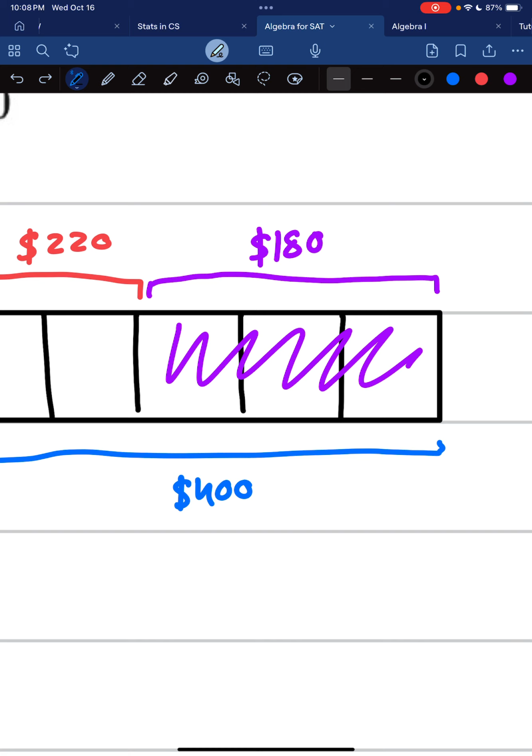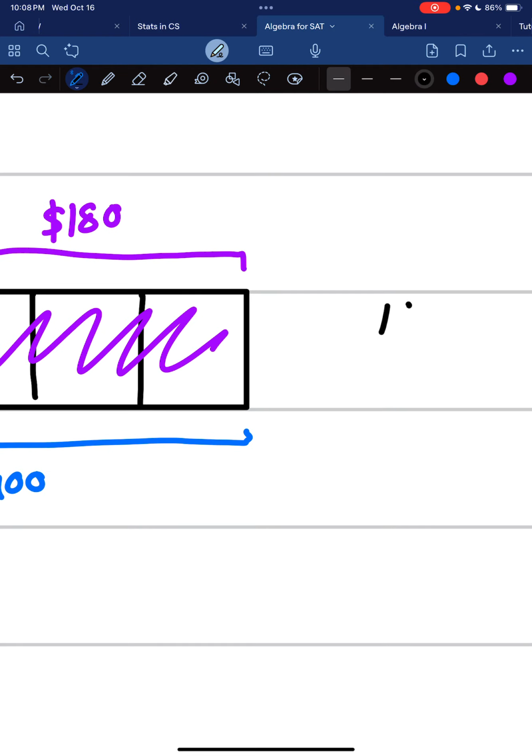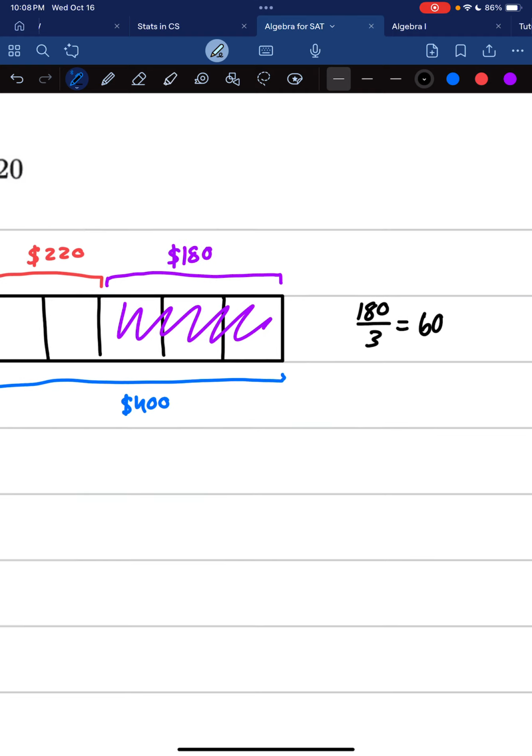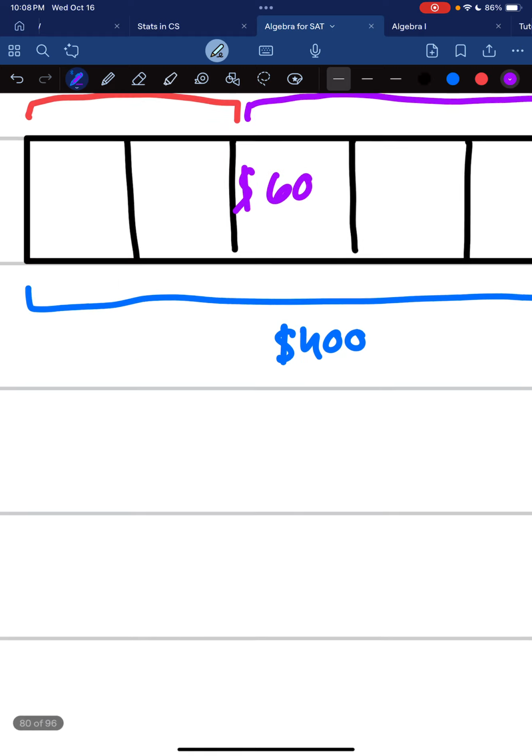And if the next 3 hours after the first 2 hours cost $180, then the hourly rate that they're referring to is just 180 over 3, which is $60 per hour. So each of these, after the first 2 hours, costs $60 per hour.